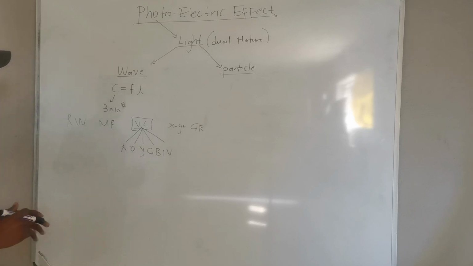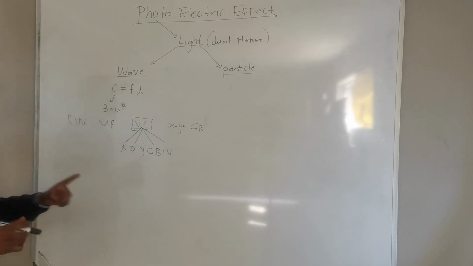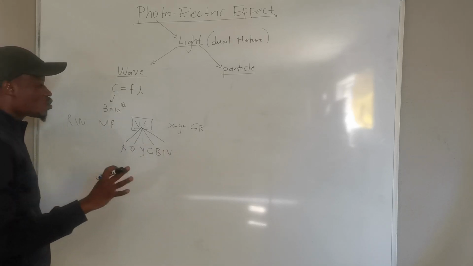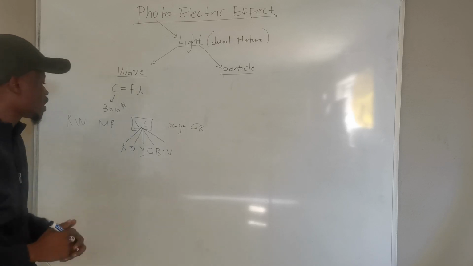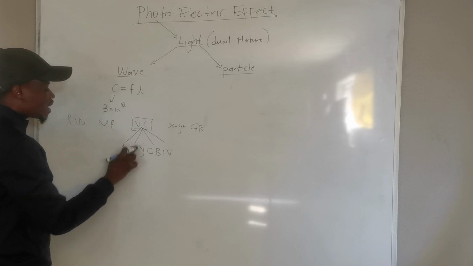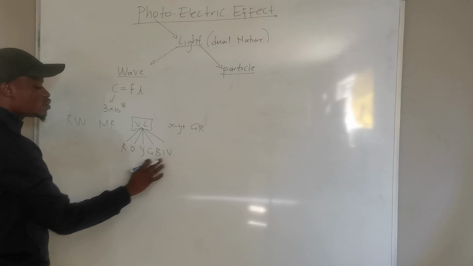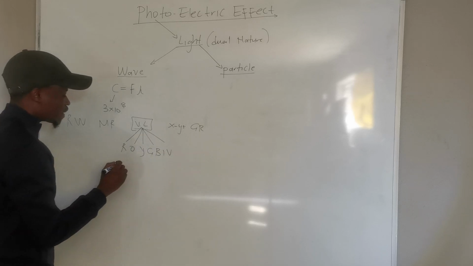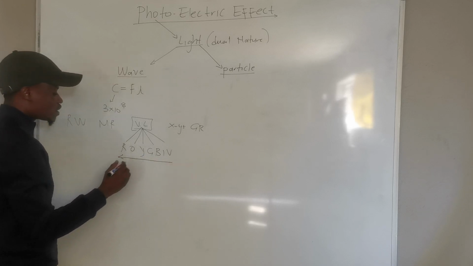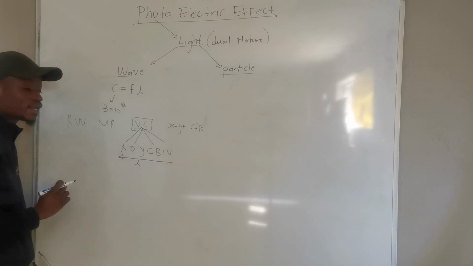Now, what I want to explain is the relationship between the frequency and the wavelength. If I shine a red light compared to a blue or indigo or violet light, I can see that the wavelength is going to increase as I move from the right to the left.